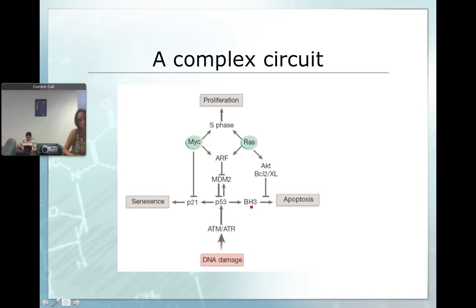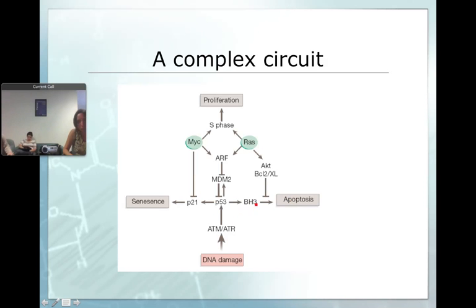I think the one on there is BAX, B-A-X. It could be BAK, but I think it's BAX. That's an example of a BH3 protein, and those proteins cause death by apoptosis. Okay?